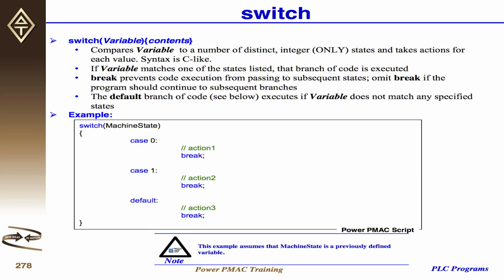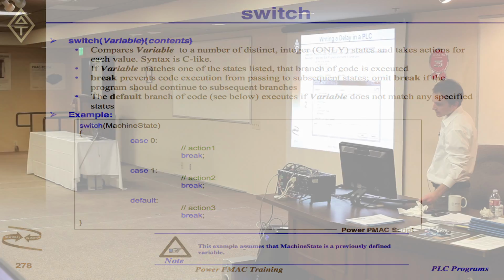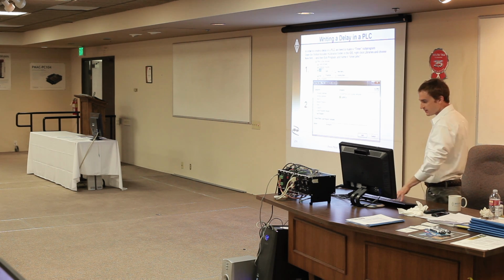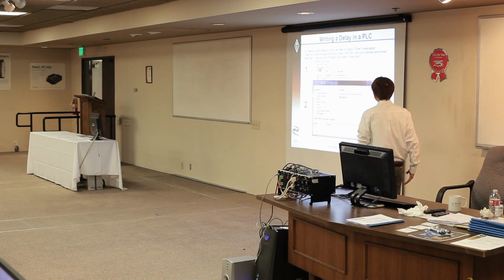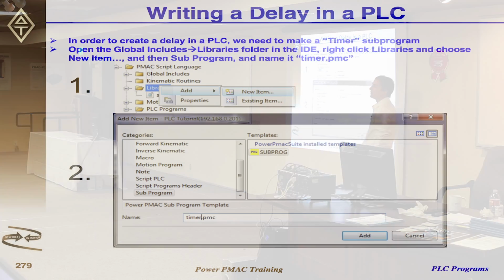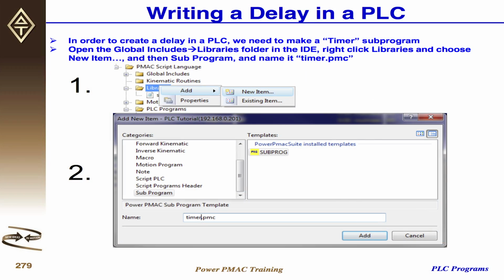Now something we will need to create is a timer subprogram. This is necessary if you want to create a delay in a PLC. In a PLC, you cannot use a delay or dwell command. That's only for motion programs because those are actually considered move commands. And in PLCs, we don't do move commands the same way as in motion programs.